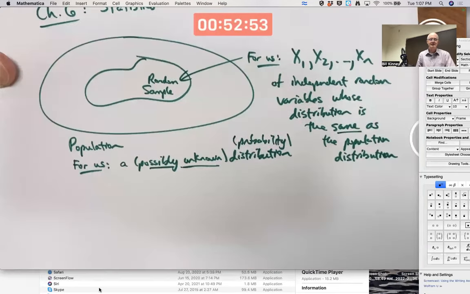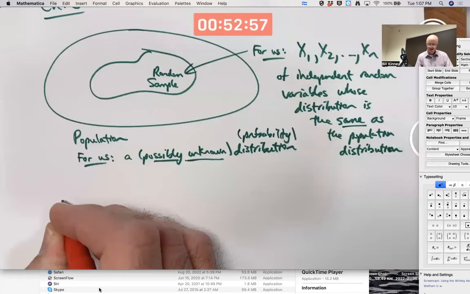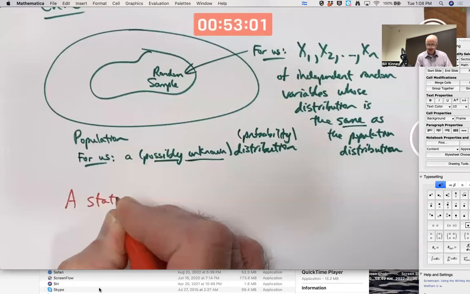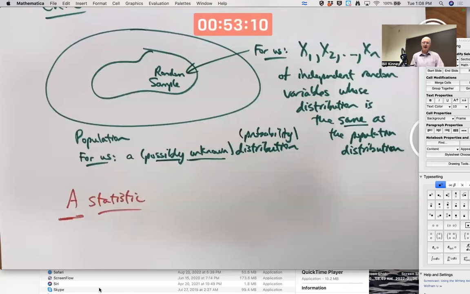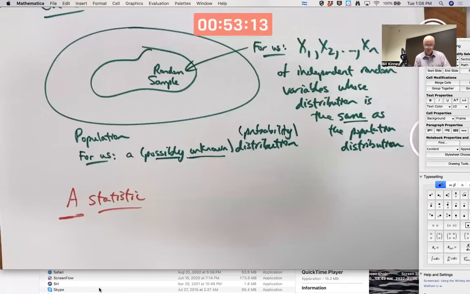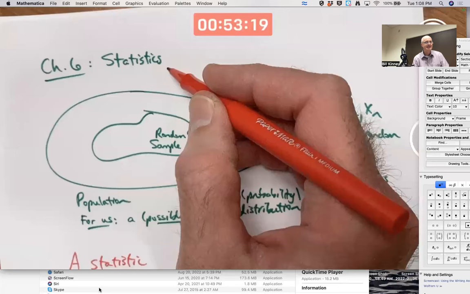Next important concept is the idea of a statistic. Emphasis also on the indefinite article there, a statistic. I called chapter 6 about statistics.